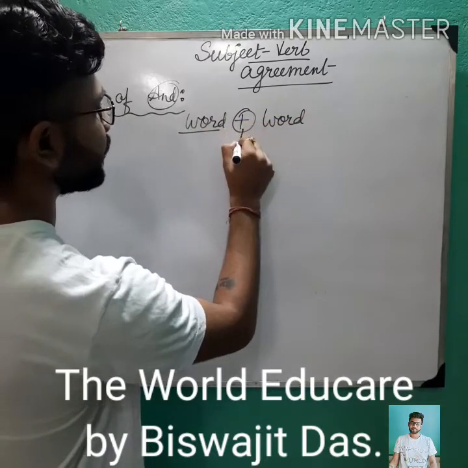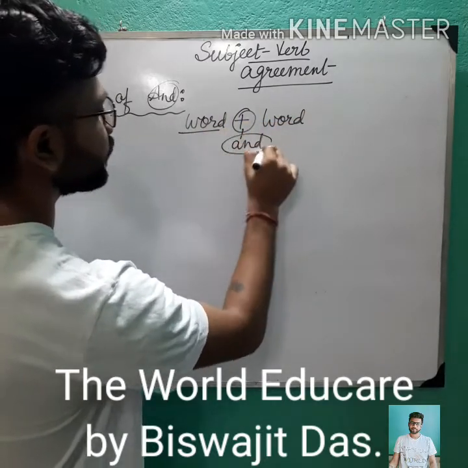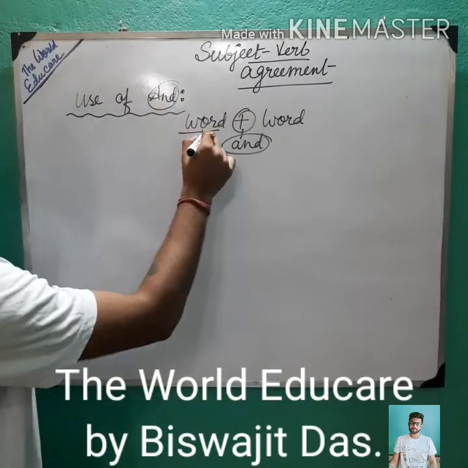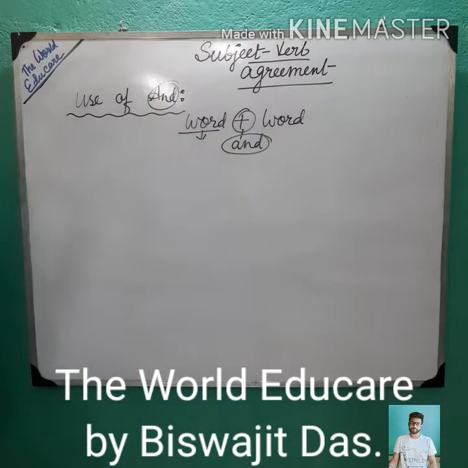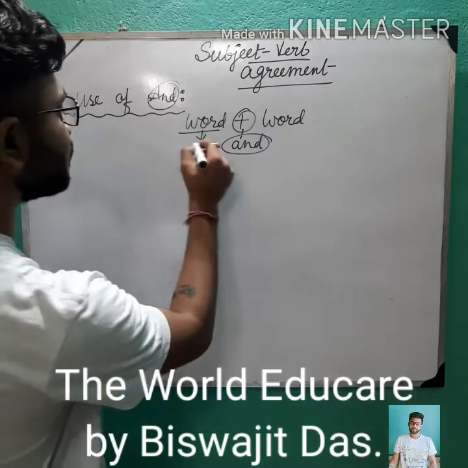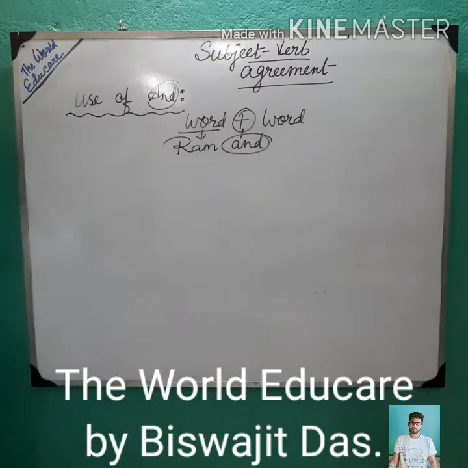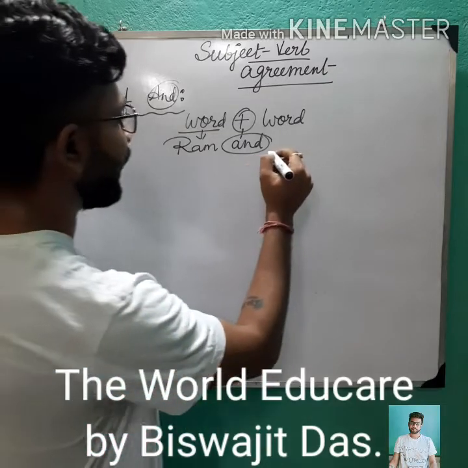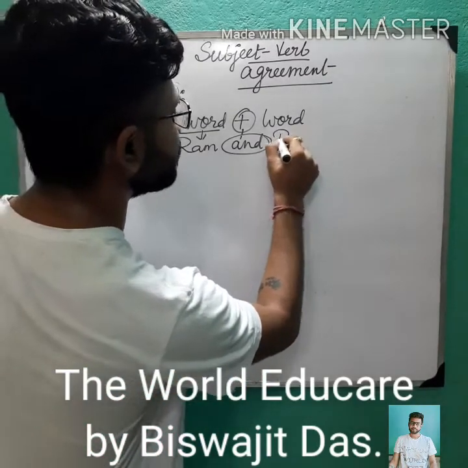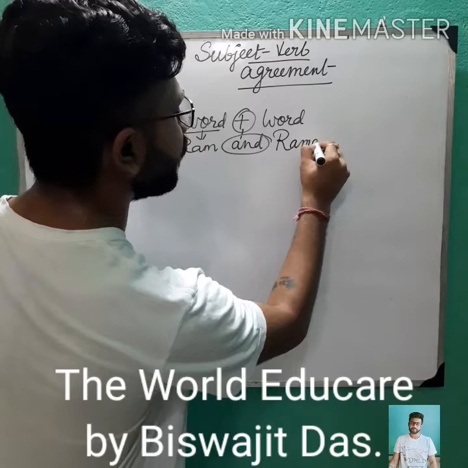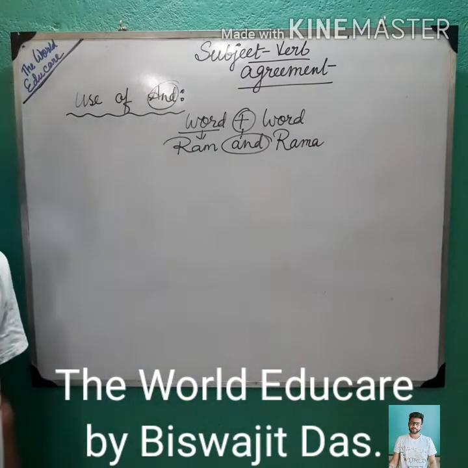Suppose this plus is and, and this word, I can take any word. You just give me an example, like I am taking a name, Ram and Rama. Okay, Ram and Rama.